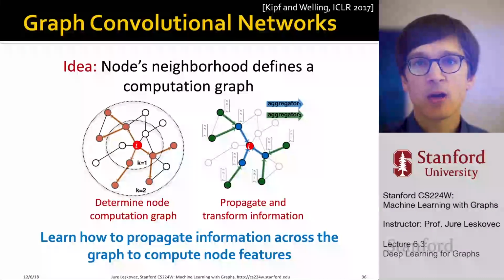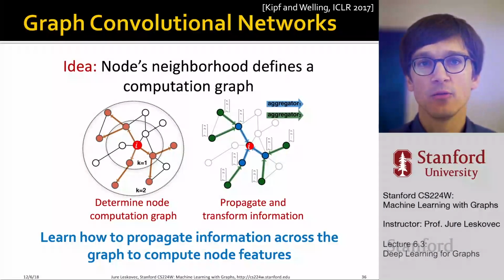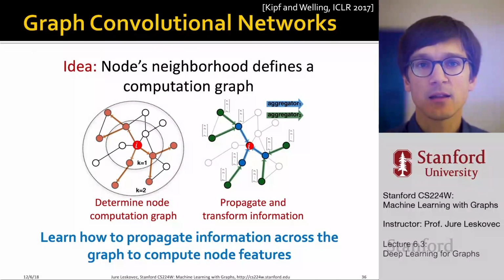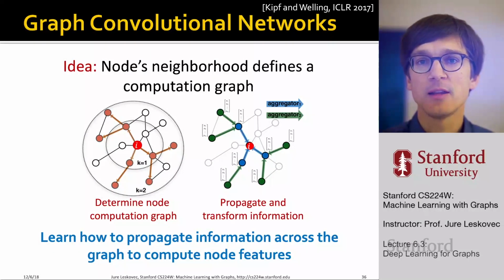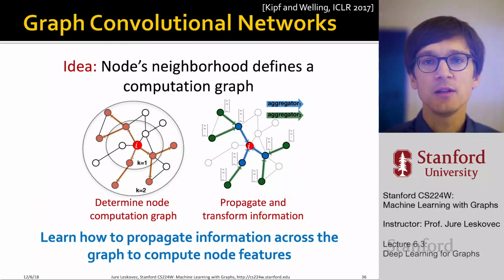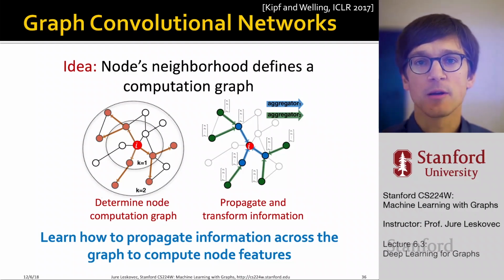So how are graph convolutional neural networks going to work? The idea is that a node's neighborhood defines the neural network architecture. Basically the structure of the graph around a node of interest defines the structure of the neural network.